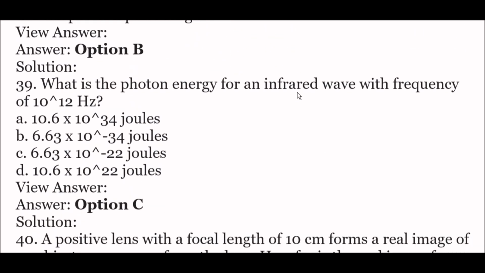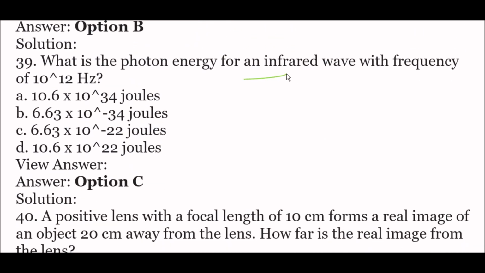Next question. What is the photon energy for an infrared wave with frequency of 10 to the power 12 Hz? Option A, 10.6 multiply 10 to the power 34 joules. Option B, 6.63 multiply 10 to the power minus 34 joules. Option C, 6.63 multiply 10 to the power minus 22 joules.